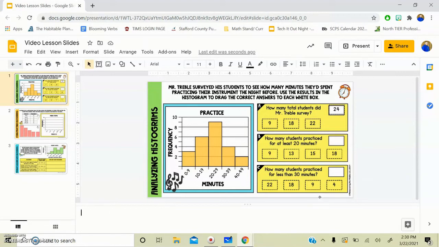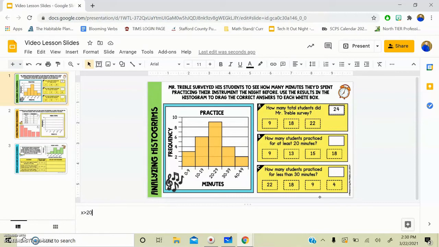Let's look at question B. How many students practiced at least 20 minutes? So let's think of that as an inequality. I have a certain number of kids that practiced at least 20 minutes. So my inequality might be like x is greater than 20.